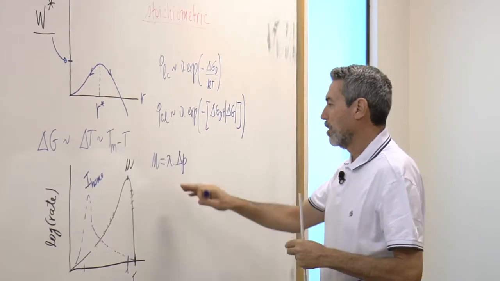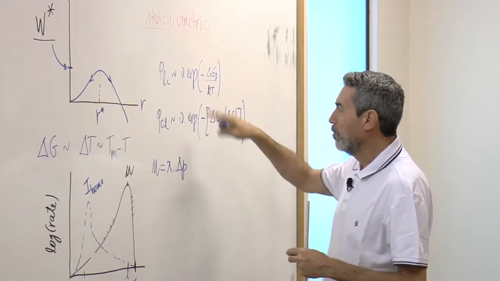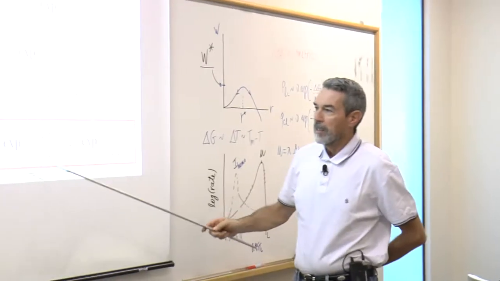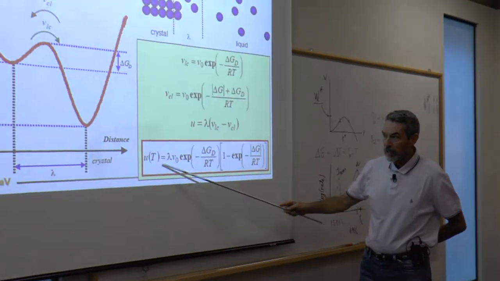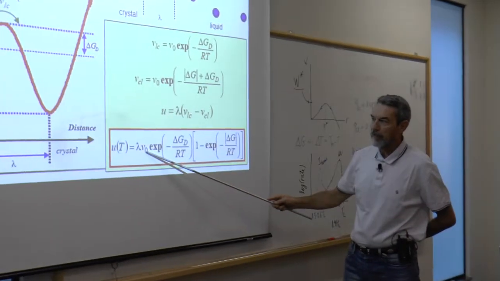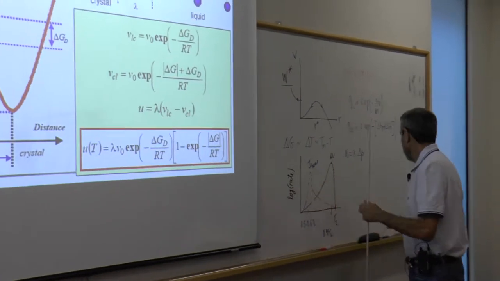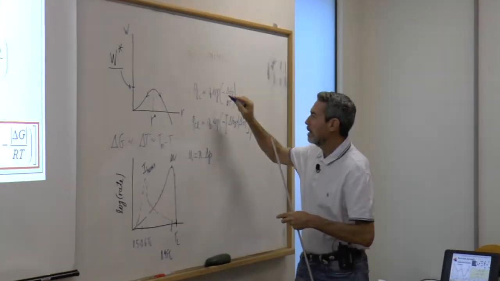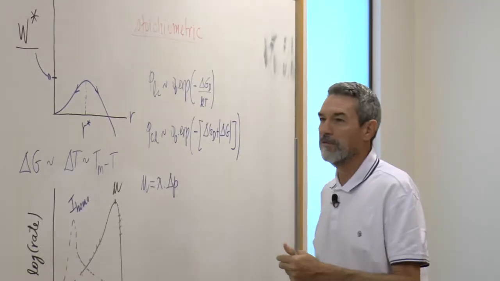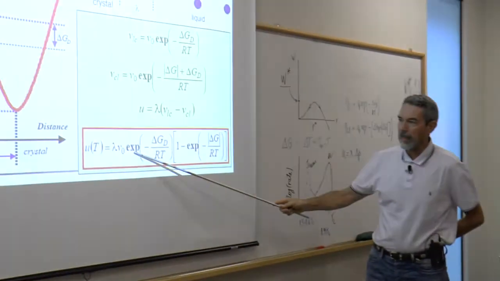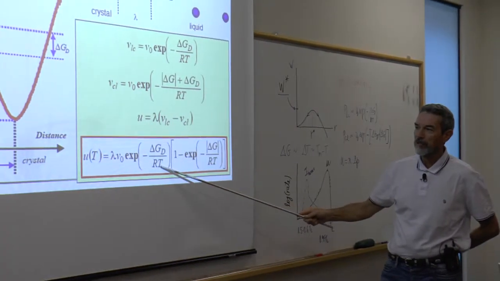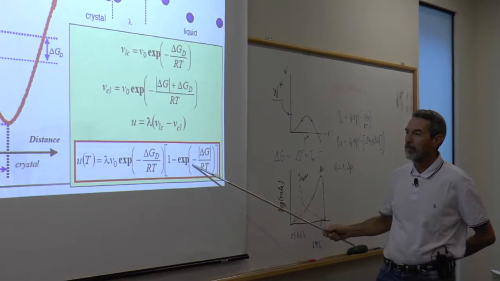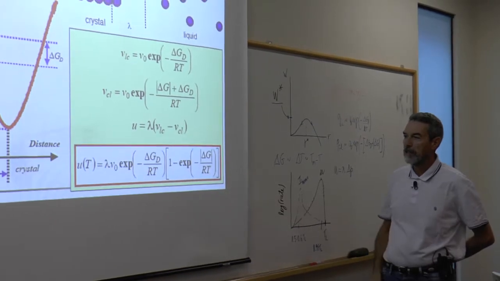If you do all this difference, you'll find out that U is lambda, times the vibration frequency, nu 0, exp of minus delta GD over RT, times 1 minus exp of minus delta G over RT. To use the same notation, I'm writing it down like this.